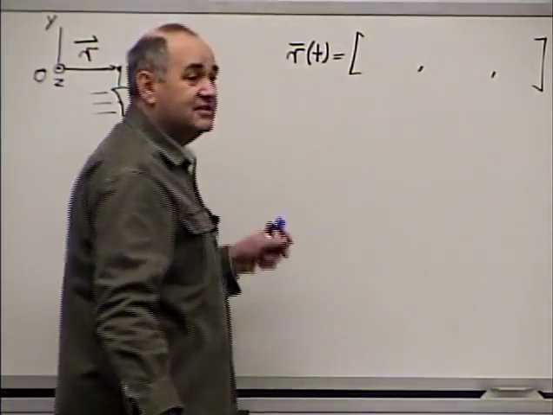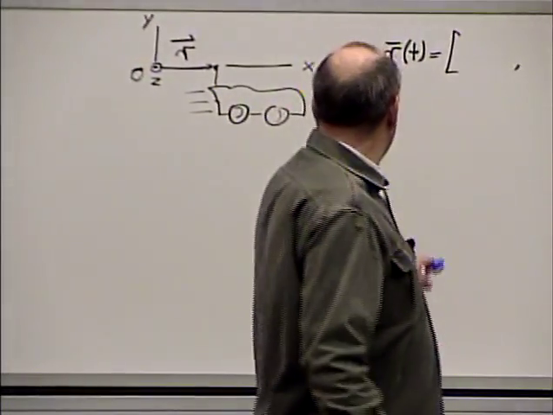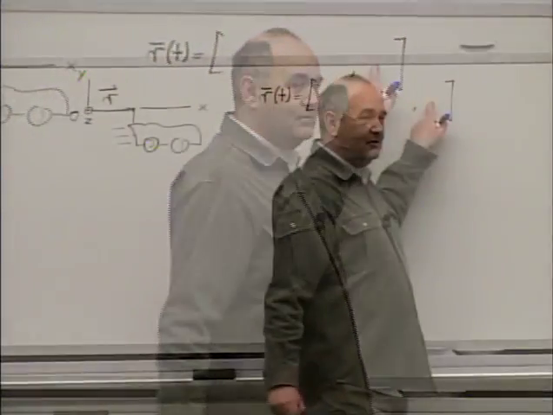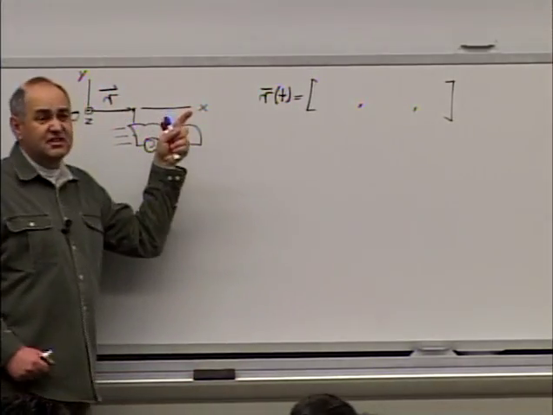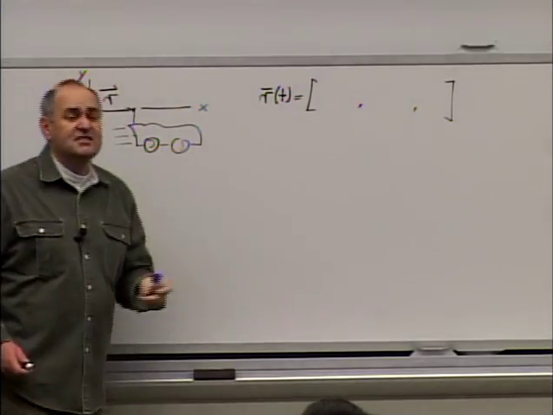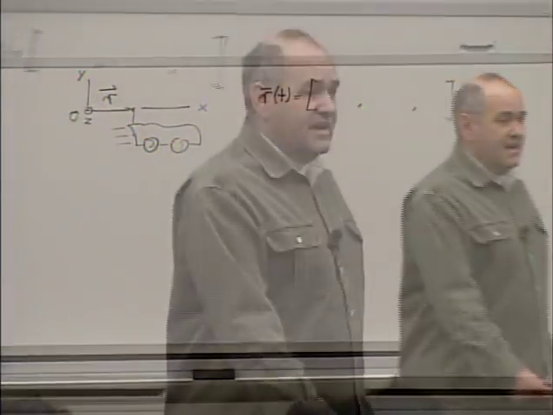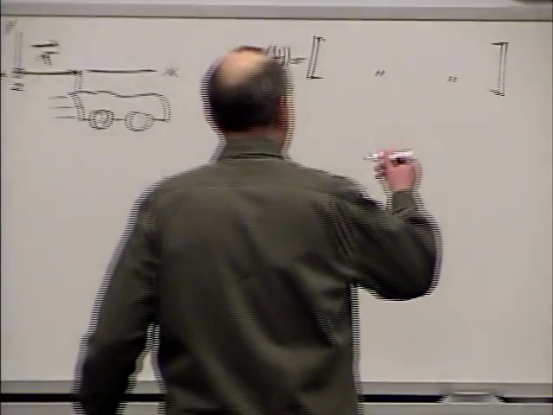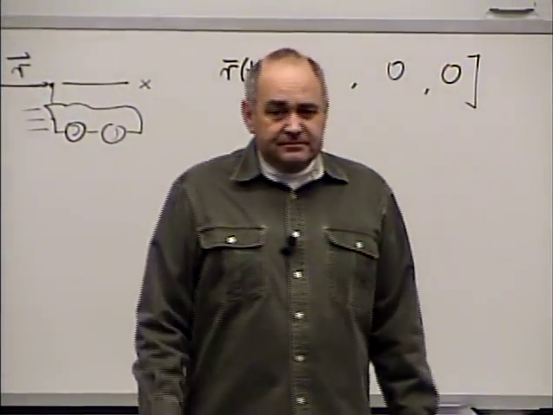So scalar components at instant t, two of them we know immediately. We know what y and z will be at any instant if we choose the coordinate system in such a way that the selected point moves along the x-axis. If the point moves along the x-axis, what are the y and z scalar components of its position? 0 all the time. Very good. So I have that y is 0 and z is 0.